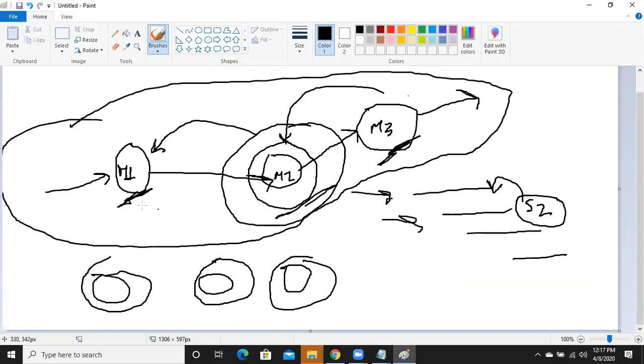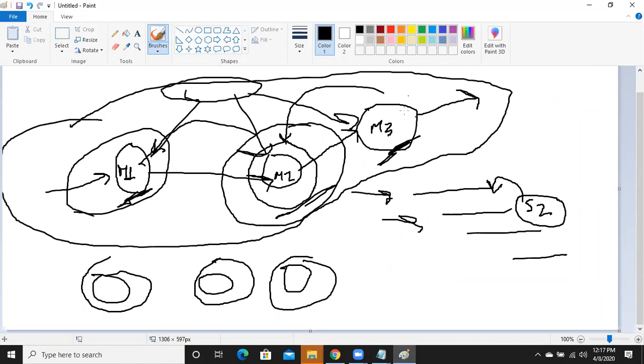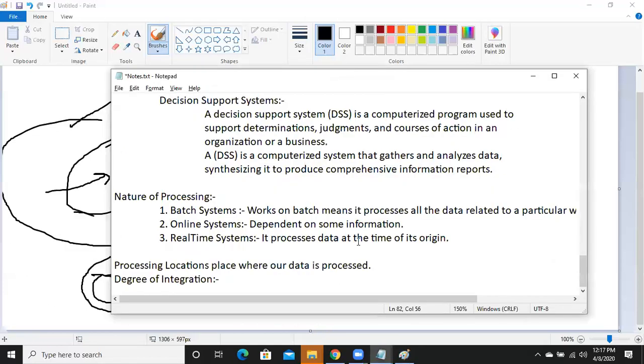If you have a single large set of data, a part of it is processed on one module and a part on another, and these modules provide the results back to the system, where they are integrated. So processing location is the place where our data is processed. It can be different, or it can be the same.